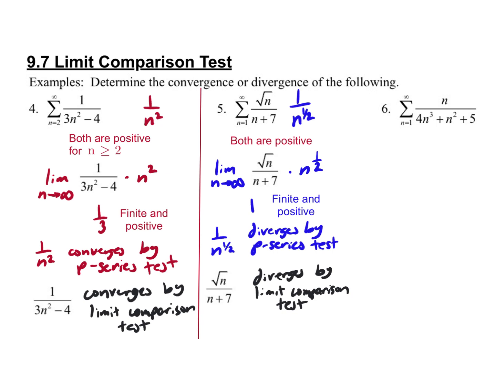Our whole goal is to compare it to a p-series. So 1 over 4 compared to 1 over n squared, which we know is convergent because of the p-series test. Just remember to state that they're both positive.